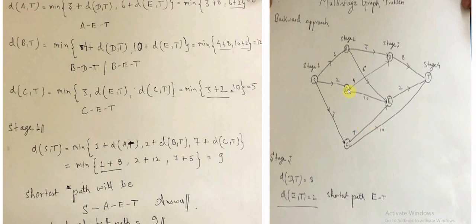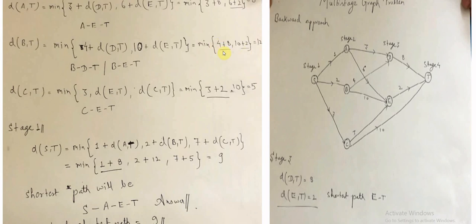The first, minimum of the weight of BD plus DT, which we have already computed, and then there is another path via E, so the weight of BE is 10 plus ET, which we have already computed.